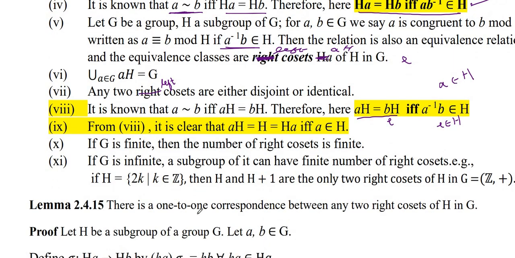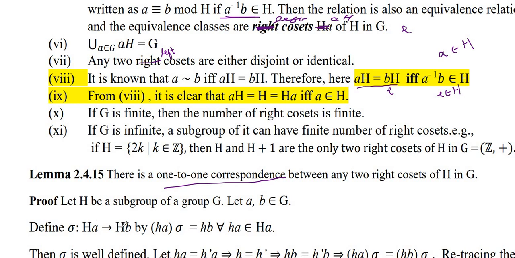Now another property between two right cosets is that there exists a one-to-one correspondence between two right cosets of H in G. So to prove that there exists a one-to-one correspondence, we need to define a mapping between HA and HB, assuming HA and HB to be any two right cosets of H in G. So we consider H to be a subgroup of a group G, and we consider A and B to belong to G. Define a mapping sigma from HA to HB, where any element here is of this form only.